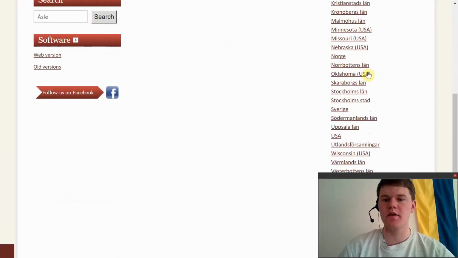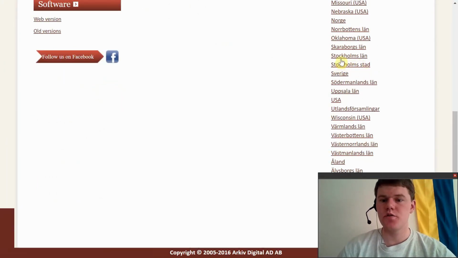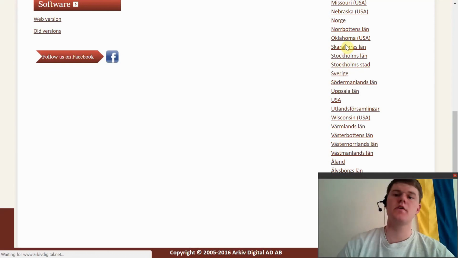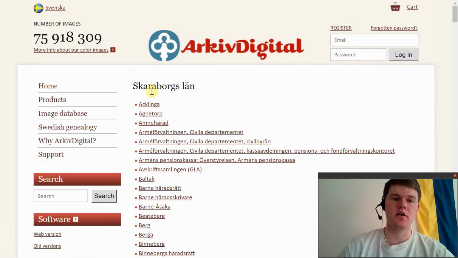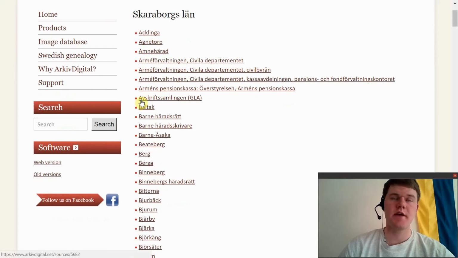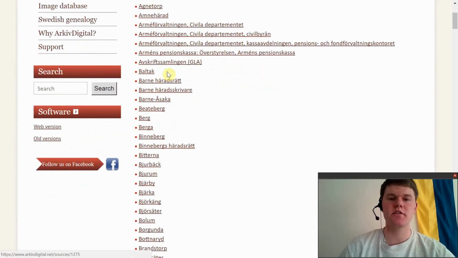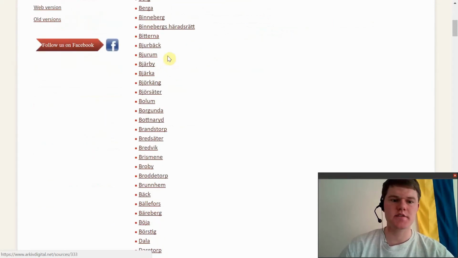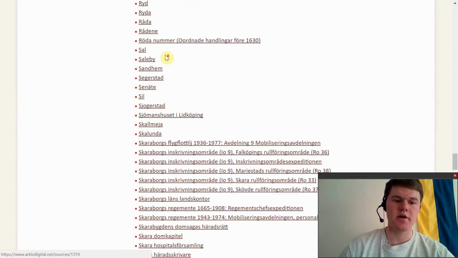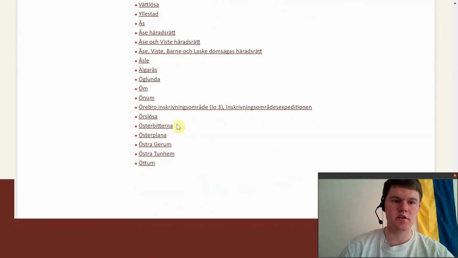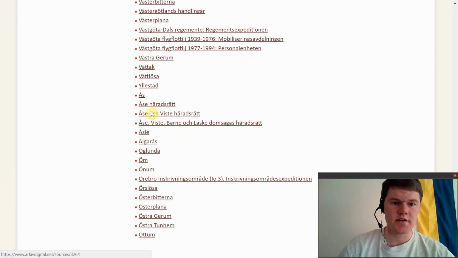So we can come down to Skaraborg, and it'll give us all of the different parishes as well as some other things. We can come down to the bottom and find the A with a circle above it. And see, here's the start of them. Here's some other ones right here.